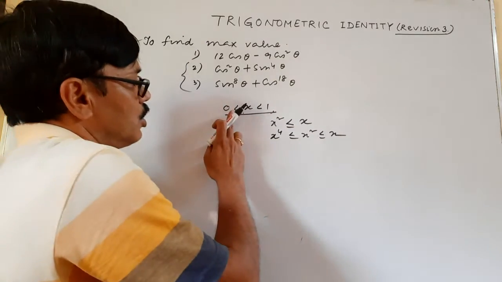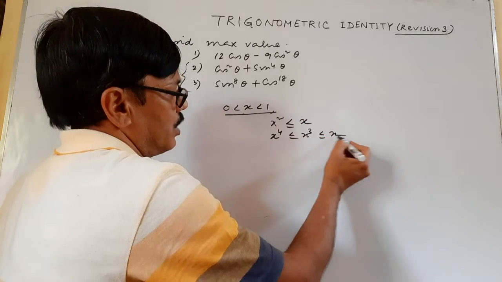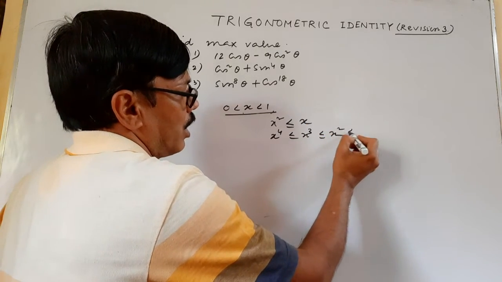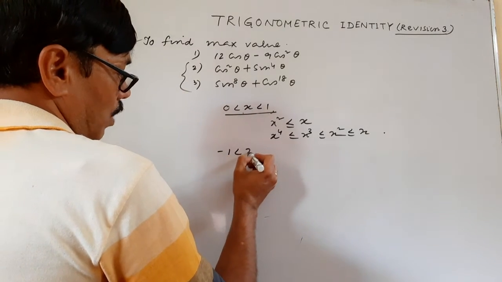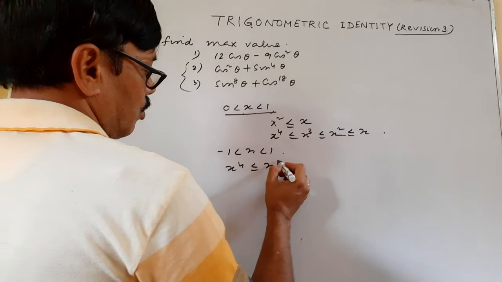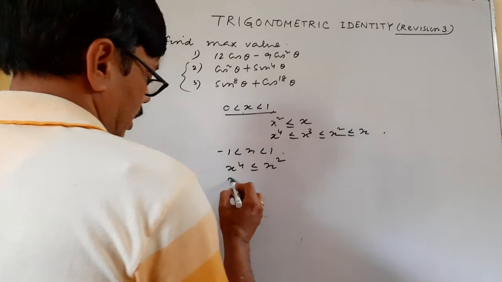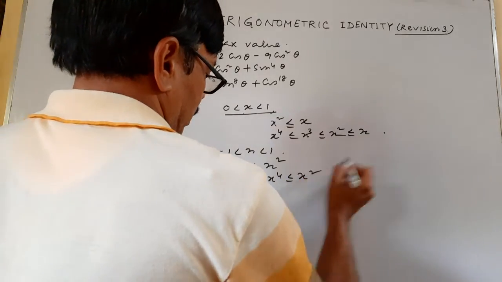If it is 0 to 1, then we can also take x cube; x square is less than or equal to x. But if it is minus 1 to plus 1, then we write x to the power 4 is less than or equal to x square, and x to the power 6 is less than or equal to x to the power 4, less than or equal to x square.